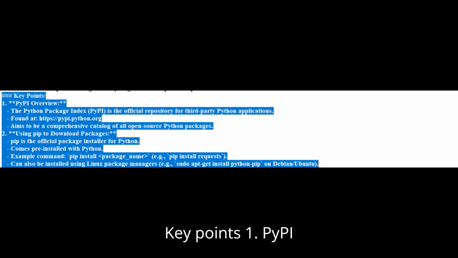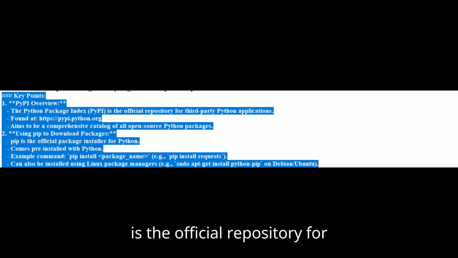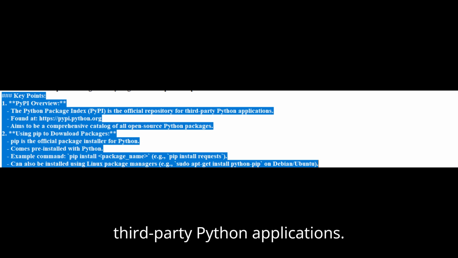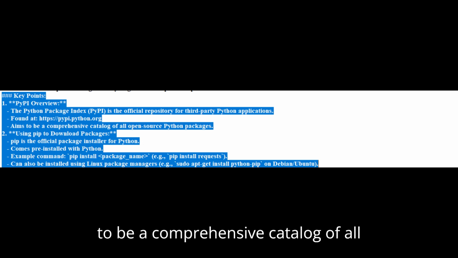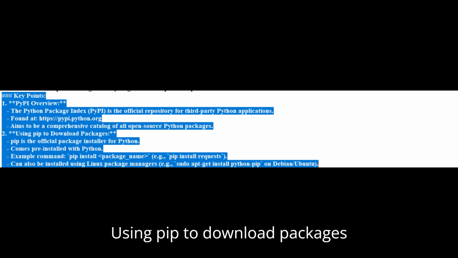Key points. 1. PyPI overview. The Python Package Index, PyPI, is the official repository for third-party Python applications. Found at https://pypi.python.org. Aims to be a comprehensive catalog of all open-source Python packages. 2.